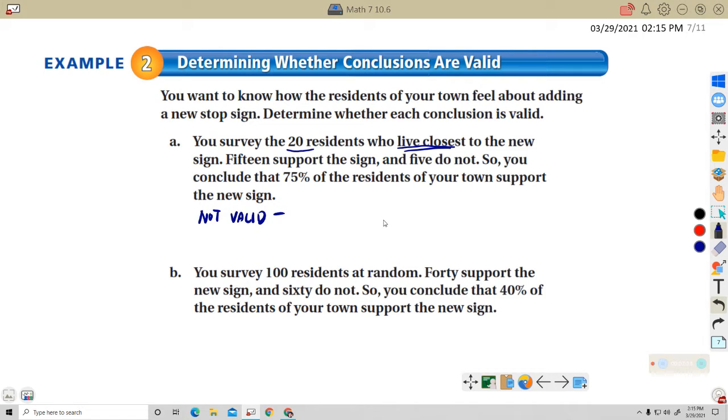Now, maybe you're thinking that their opinions should have a little more sway. They should have a little more effect on the decisions because they live closest to it, but that's not what you're trying to determine. You're trying to determine how the residents of your town feel, right? Not the ones closest to the sign. So this is not valid. The sample does not represent the population.